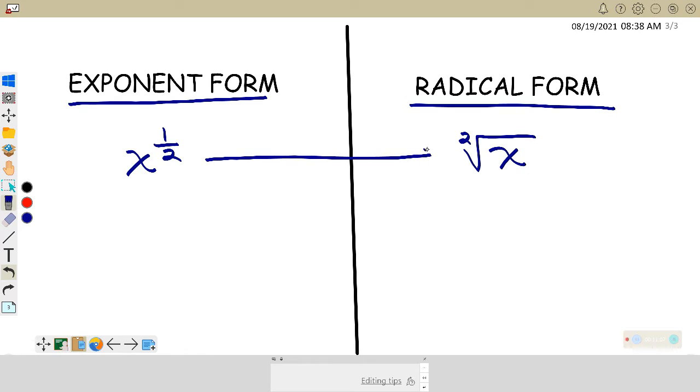Let's draw an arrow with both sides, because that means that and that means that. They mean the same thing, just 2 different ways of writing the same thing. So x to the 1/2 power is really the square root of x.